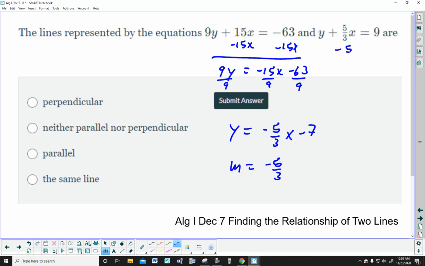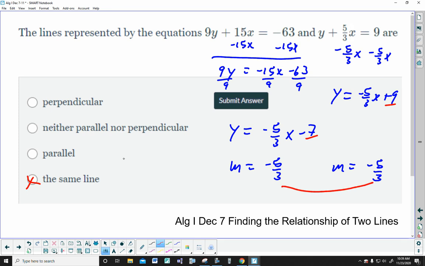For this one, subtract the 5/3 x from both sides, and you get y is equal to negative 5/3 x plus 9. So the slope of that line is also negative 5/3. The y-intercepts are different, so they're not the same line. These slopes are the same, so it's parallel.